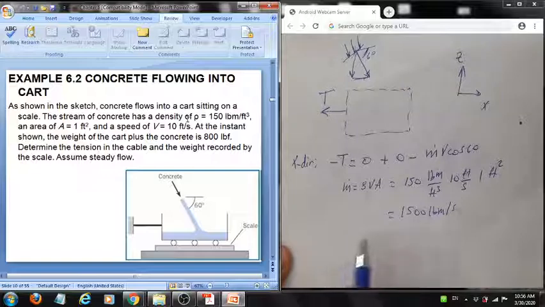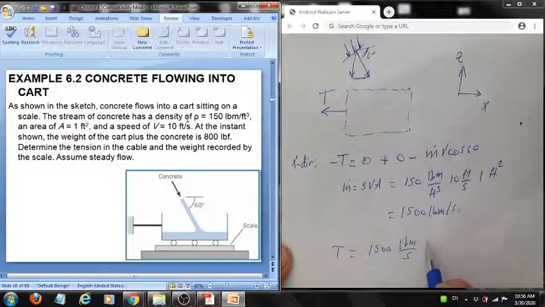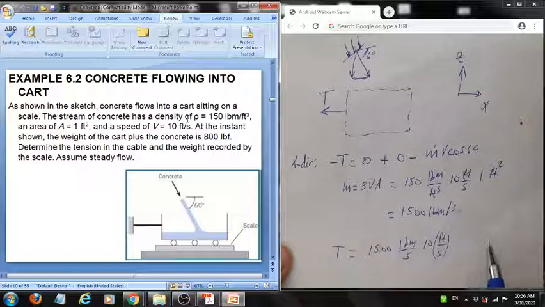So the tension, canceling out the minus sign, is 1,500 pound mass per second, multiplied by the velocity, which is 10 feet per second, multiplied by the cosine of 60, which is half, so we end up with pound mass foot over second squared.